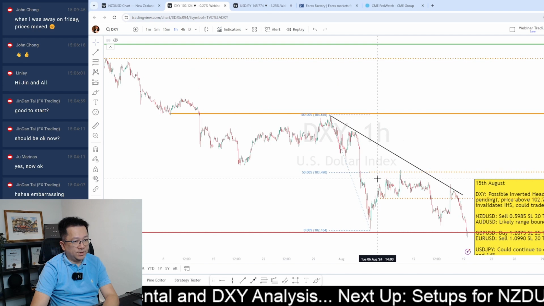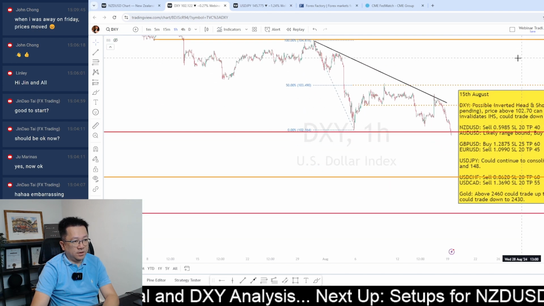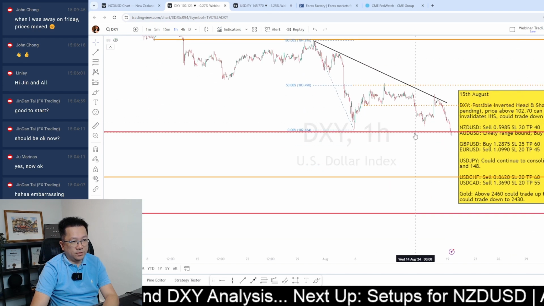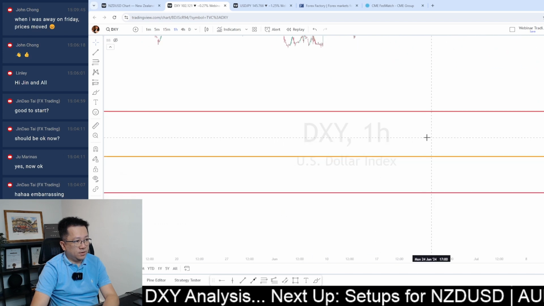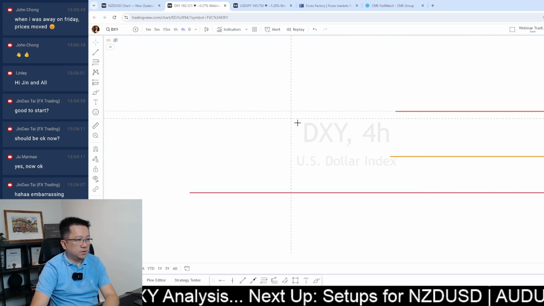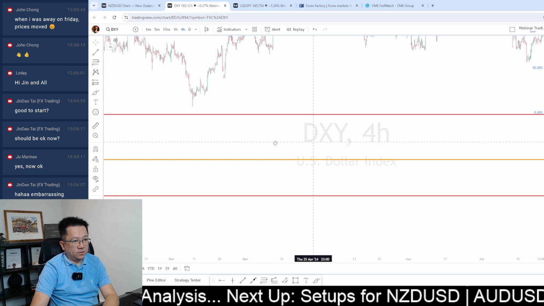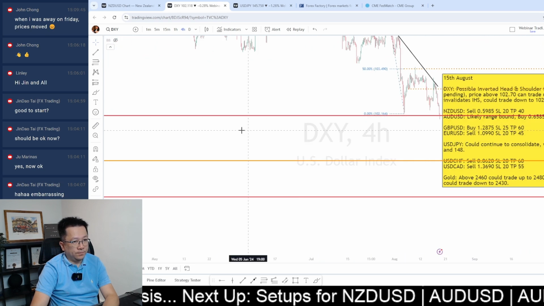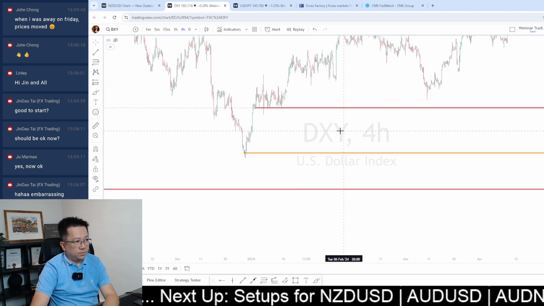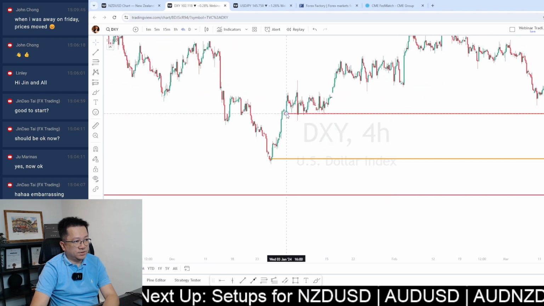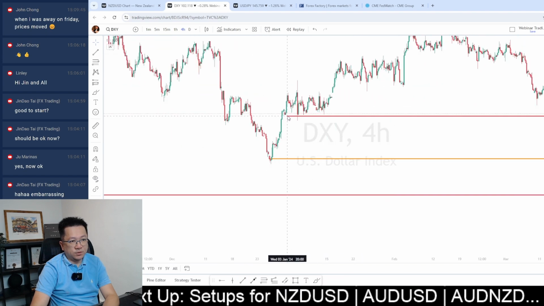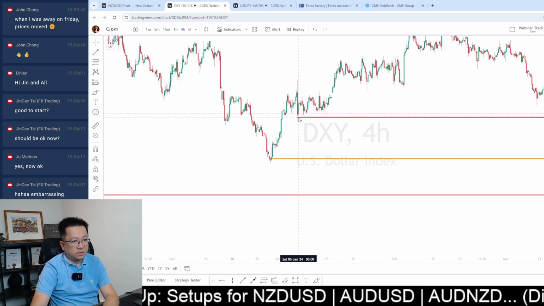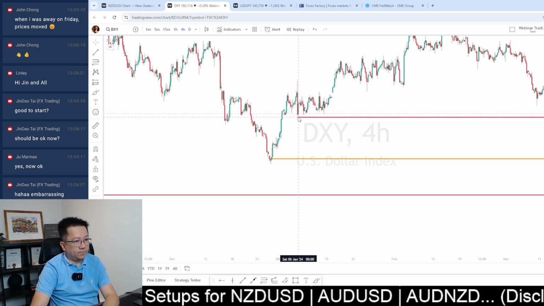Now the question is, if the dollar index breaks below 102, where could it head towards? Looking at the H4, so this is my 102 round number support level. Pull it right across, you'd see that, put it down to 102, right there.